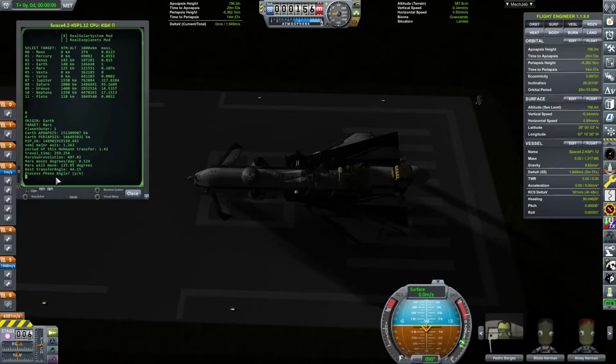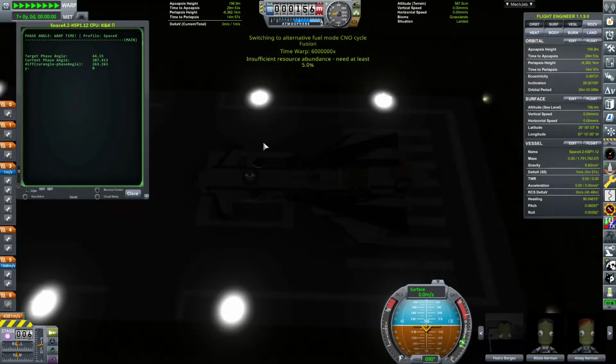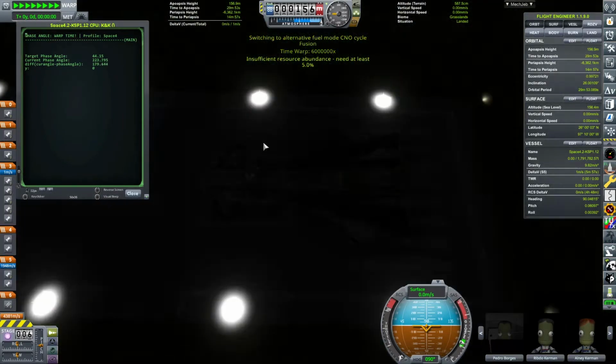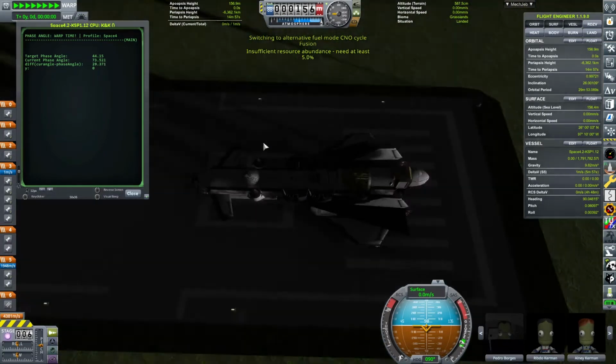So when it asks if we want to process the phase angle, in the end, what it will do is advance the time in warp mode to the day where we can have an optimal delta V to Mars. So this is what we will do right now. We will advance in time, so some days will pass.